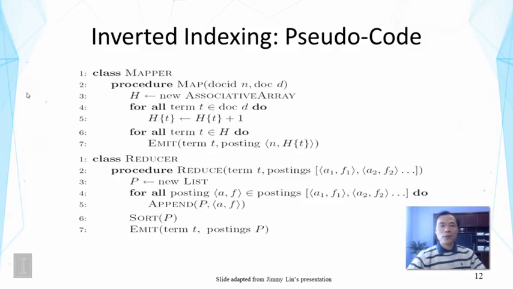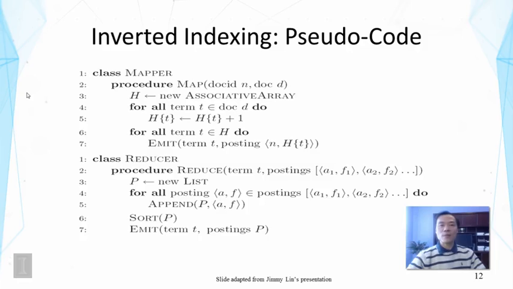And so this is pseudocode for inverted index construction. Here we see two functions, procedure map and procedure reduce. And a program would specify these two functions to program on top of MapReduce. And you can see basically they are doing what I just described.